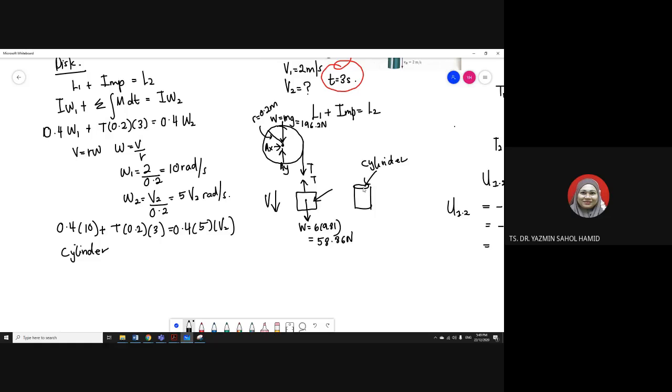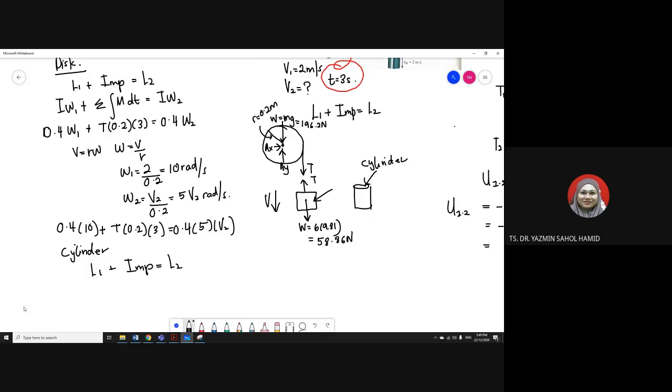Now, what kind of linear momentum that you nak consider for the cylinder? Do you want to consider mv plus I omega ke mv saja ke I omega saja ke dua-dua? MV. MV saja. Yes, that is correct.